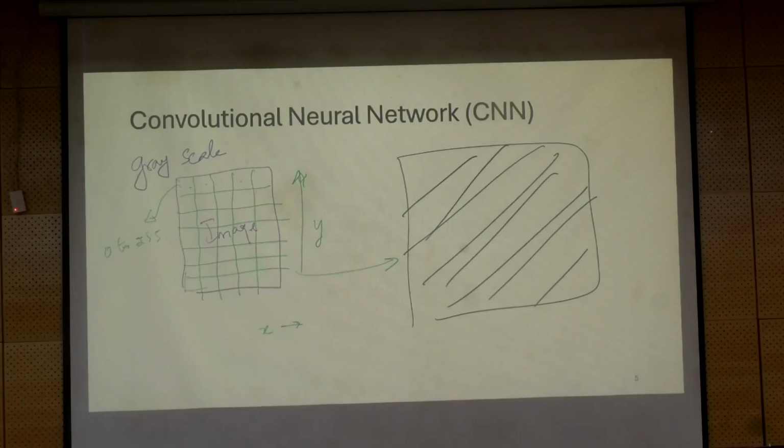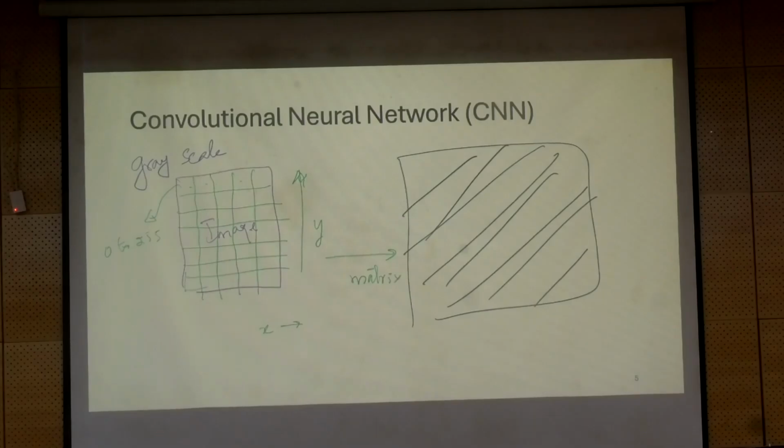It's a matrix, right? So the first thing I want you to understand is in ANN, whatever I presented to you, we had a feature vector that we presented. But CNN, when it was originally developed for image classification, is capable of taking a matrix.